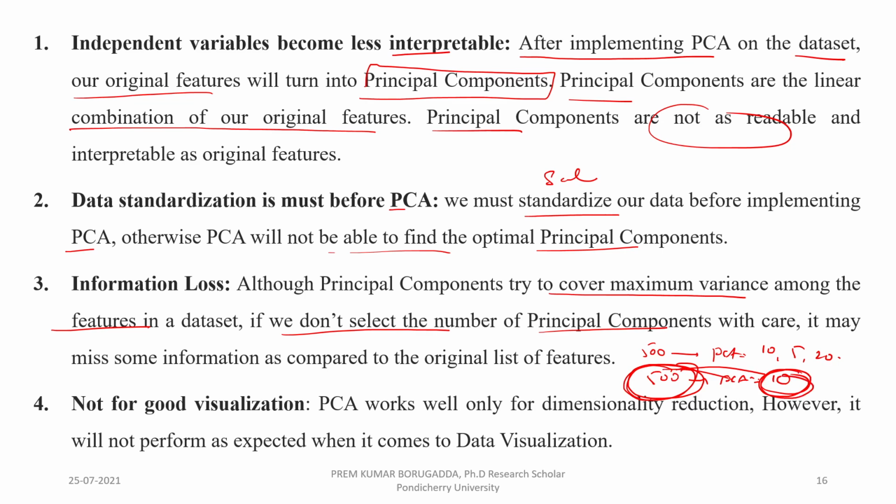So the dimensionality is reduced, but there is information loss. If we don't select the number of principal components properly, it may lose some information of the original data.